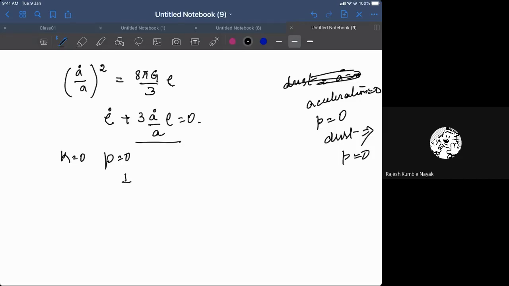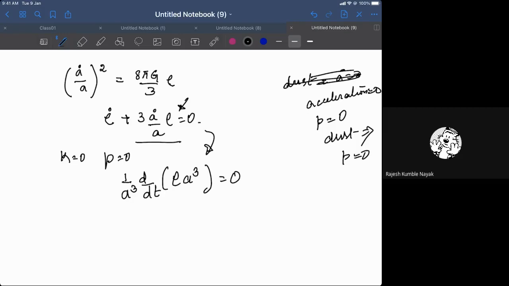We write it like this: a cube d by dt of rho into a cube is equal to 0. Nothing much done. You can see that it is just smartly rewriting this equation. This is what cosmologists are good at. They are very smart at rewriting equations.